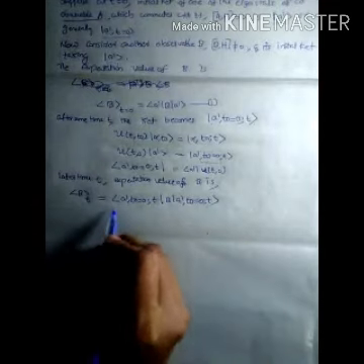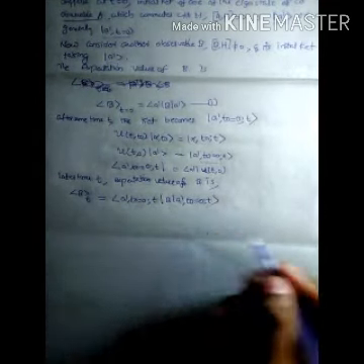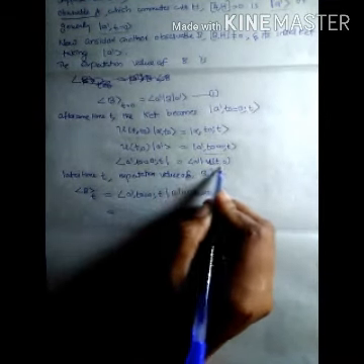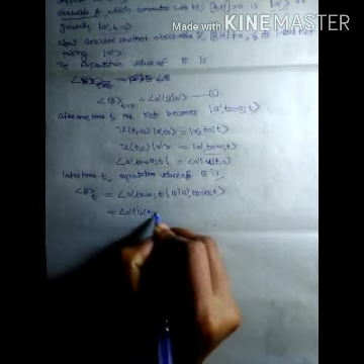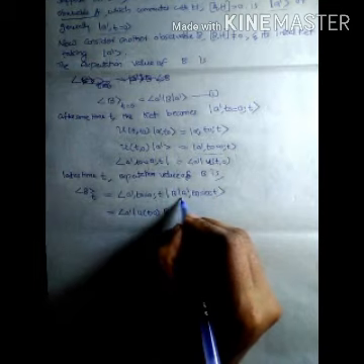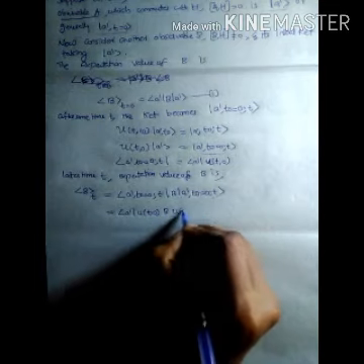We know the values of bra and ket. Substituting here, this is our bra value, bra A dash U of t0, B, and the ket value is U of t0 ket A dash.